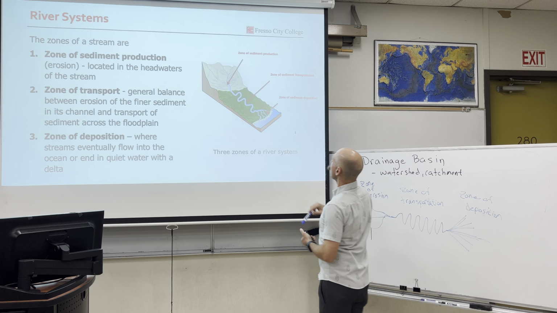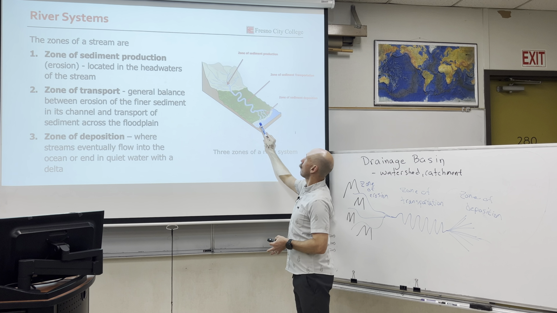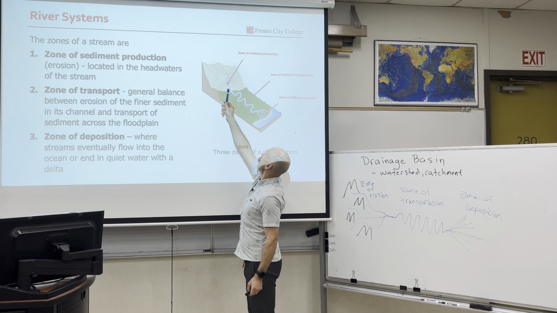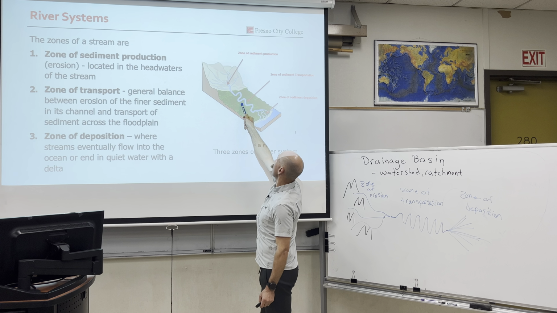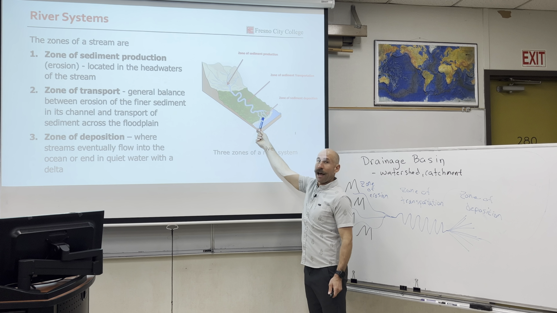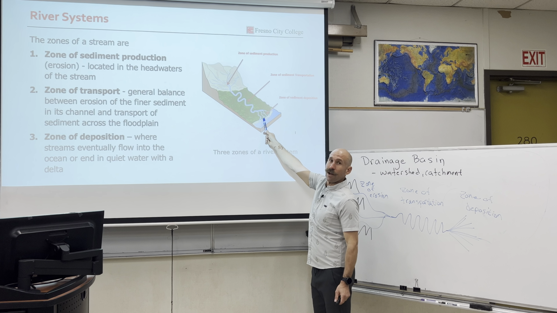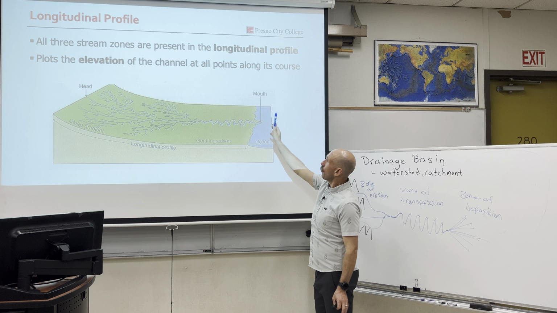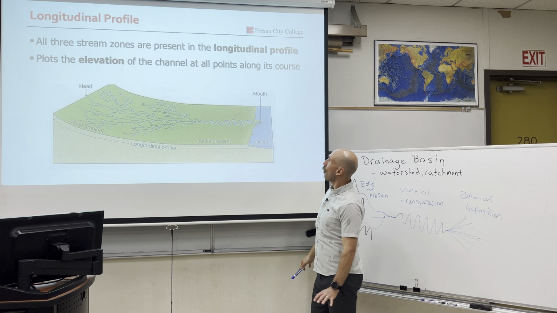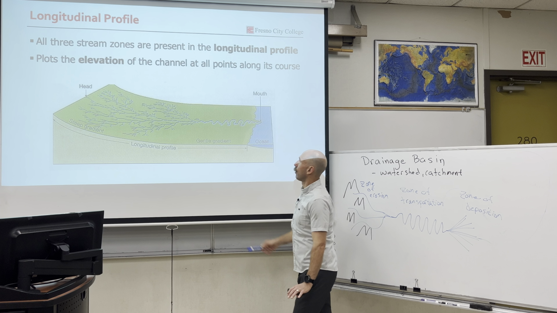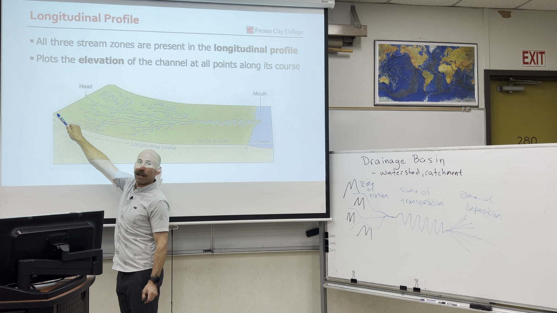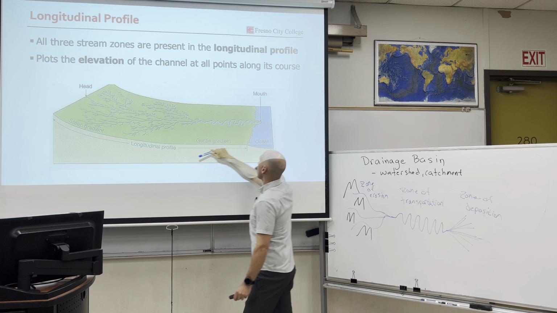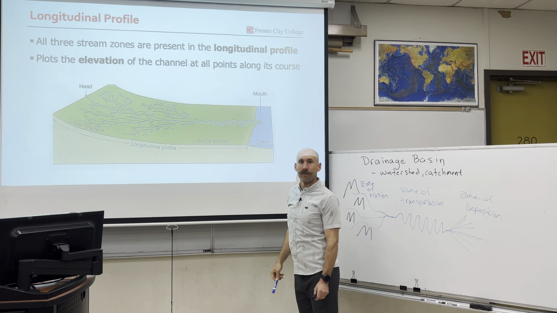If we were to look at this river system, you would say it's a lot steeper up in its headwaters, less steep in the zone of transportation, and then pretty much flat where the zone of deposition occurs. And so we could put this into what's called a longitudinal profile, where the gradient or slope is higher at the source and lower at the mouth.